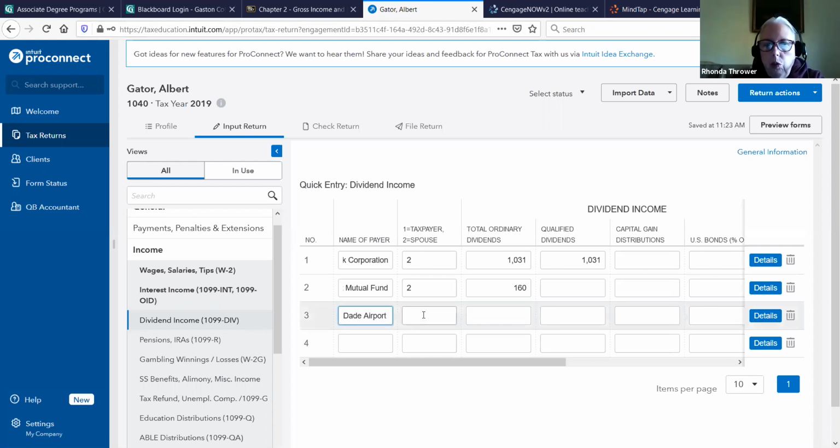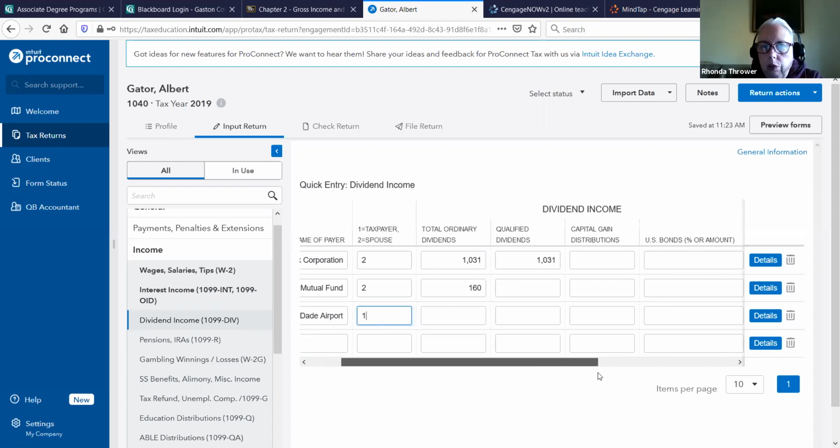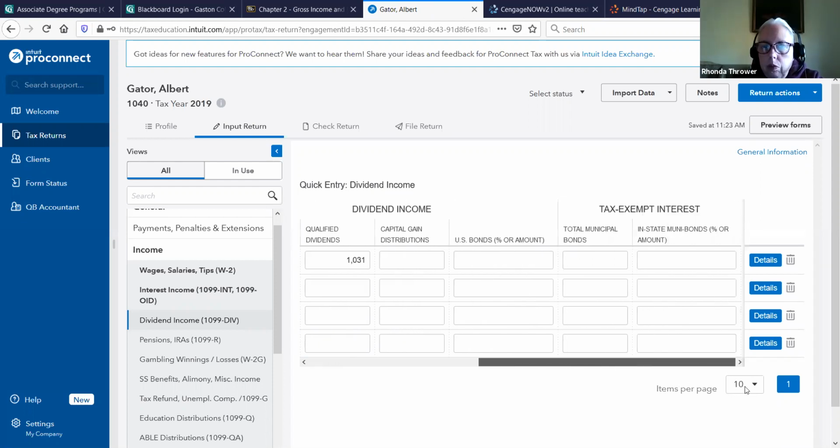And this time I'm going to choose, you could choose one or two because it was addressed to both. But we're going to scroll over, and this would be a bond. Notice this is US bonds, that's for your federal. And then tax exempt bonds, I would think that this would be a municipal bond.